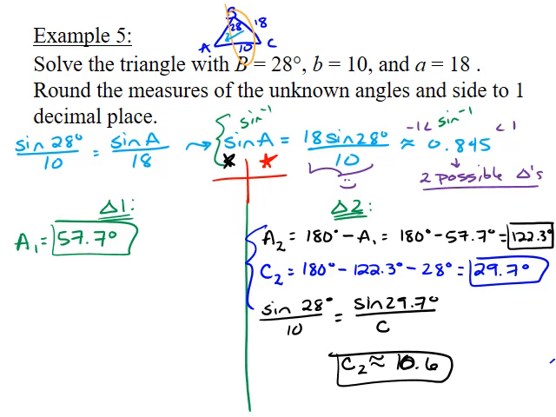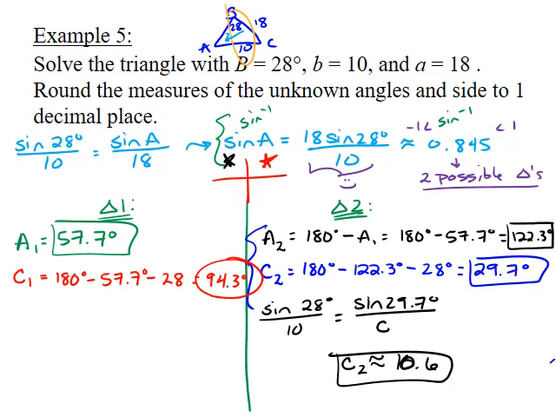Okay, I'm going to jump over to triangle 1 and do the same thing. So I know angle A1, now I can find angle C1. The way I do that is take 180 degrees minus angle A1 minus angle B, and I will get 94.3 degrees.